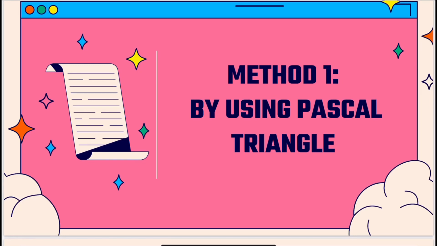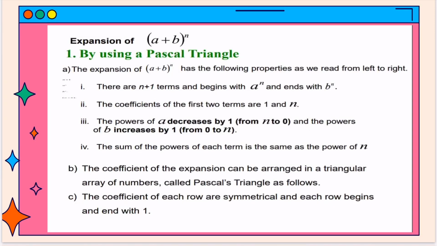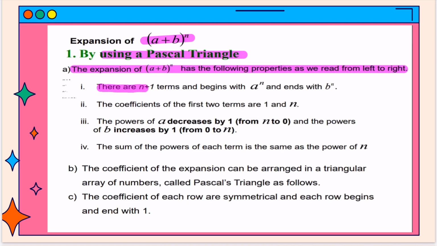Now, let's explore how to find the expansion by using Pascal triangle. These are some tips when you expand a plus b power n by using Pascal triangle. A. The expansion of a plus b power n has the following properties as we read from left to right. 1. There are n plus 1 terms.